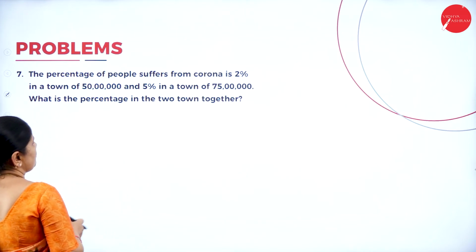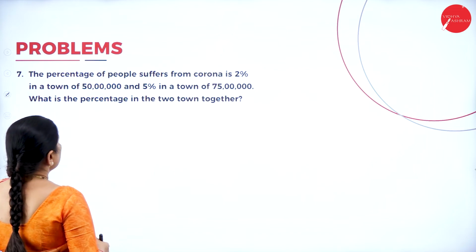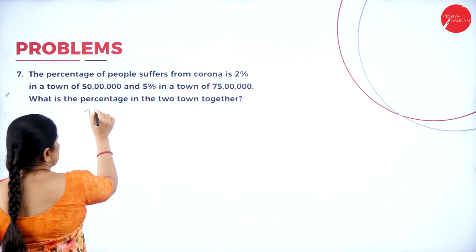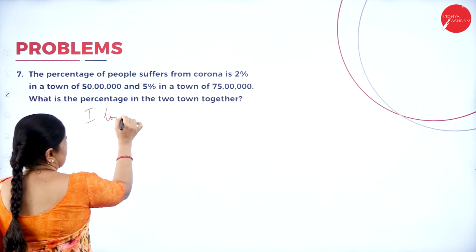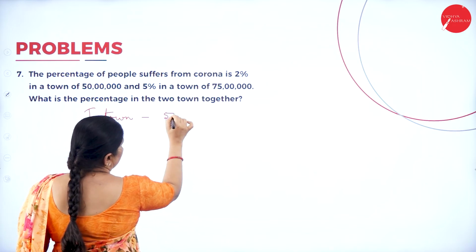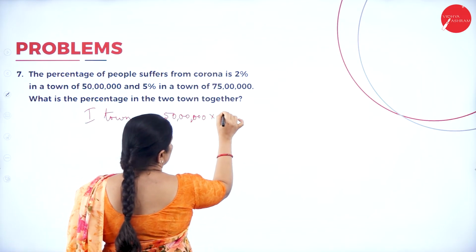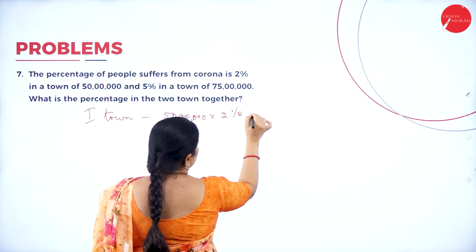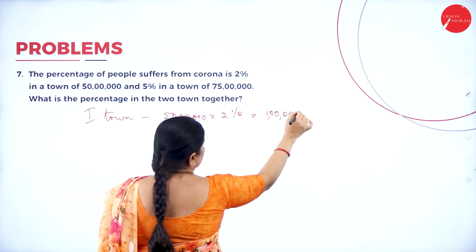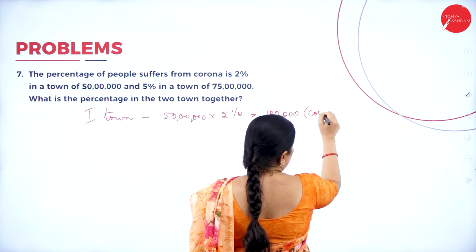The percentage of people who suffer from corona is 2% in a town of 50 lakhs. Now, first town, I write 50 lakhs into 2%. So that comes up to 1 lakh. These 1 lakh are the corona patients.